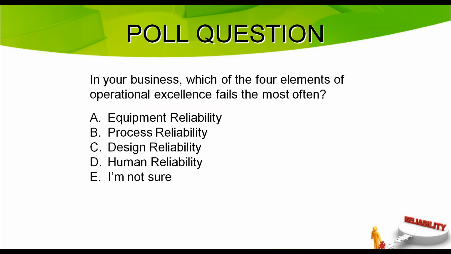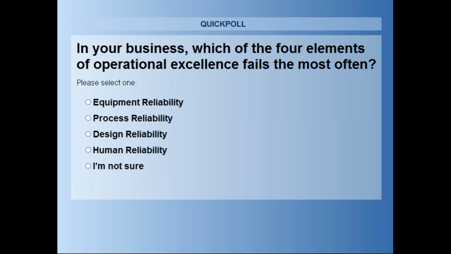So at this point I wanted to just poll and ask a question. Rowan, I'll ask you to launch the poll question. Okay, so right now, if you don't mind just sharing where you are, which of the 4 elements of operational excellence fails the most often in your particular situation?